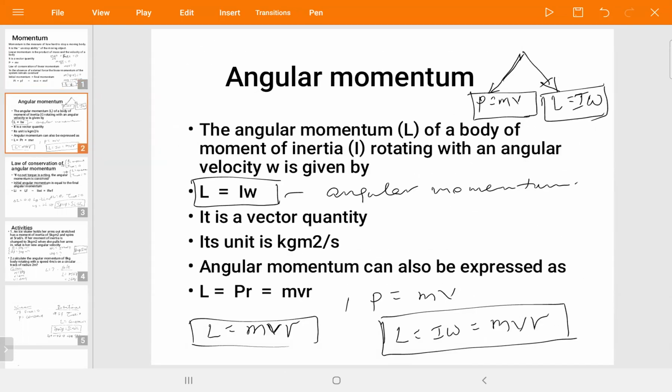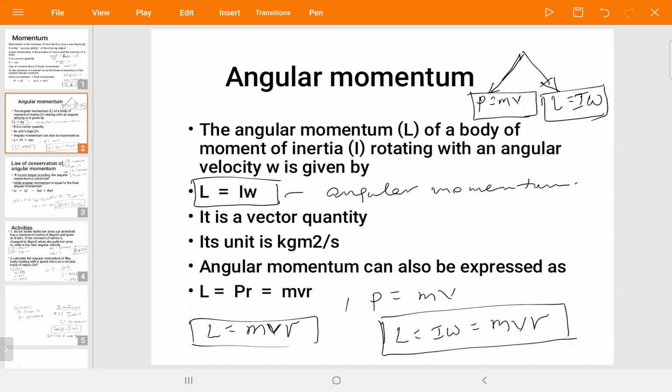The second kind of momentum is the momentum associated with rotating objects. When an object is in rotational motion, there is angular momentum. This angular momentum depends on the moment of inertia of a body and the angular speed of a body, in a similar way to linear momentum.